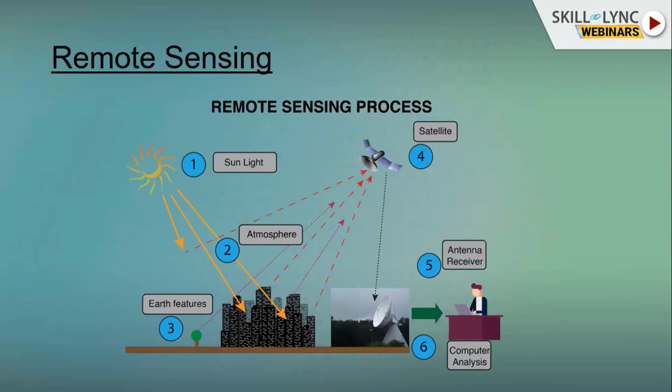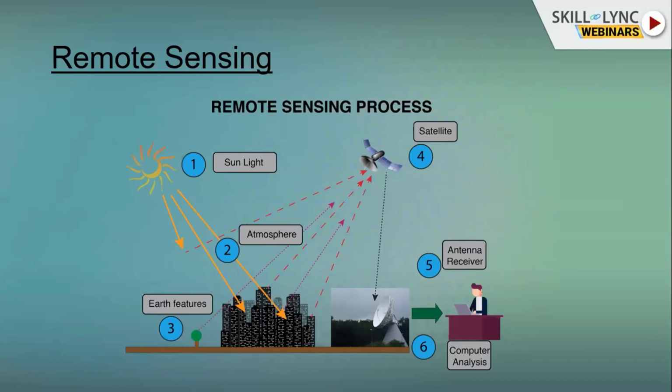How many types of remote sensing techniques are there? You can type in the chat box, and I can see later on whether you have an idea or not. So now I'll give you an idea of how many techniques are there. We have 2 types of remote sensing techniques, that is active and passive.